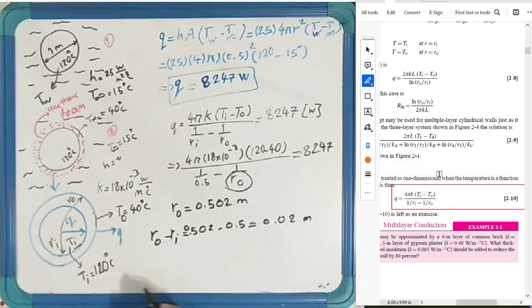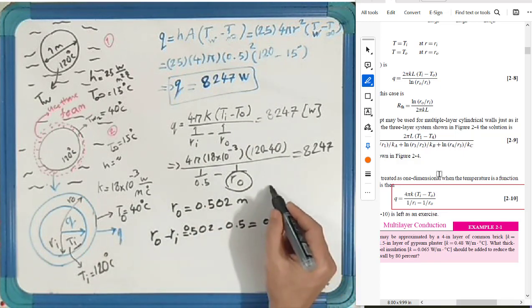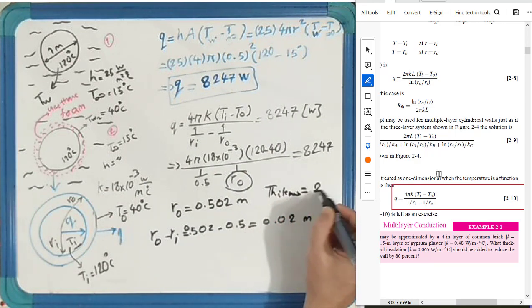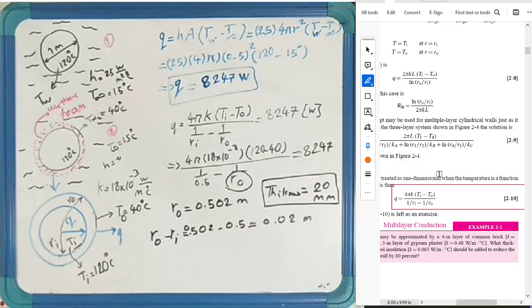Then the thickness would be 20 millimeters. This is the first section of the question.